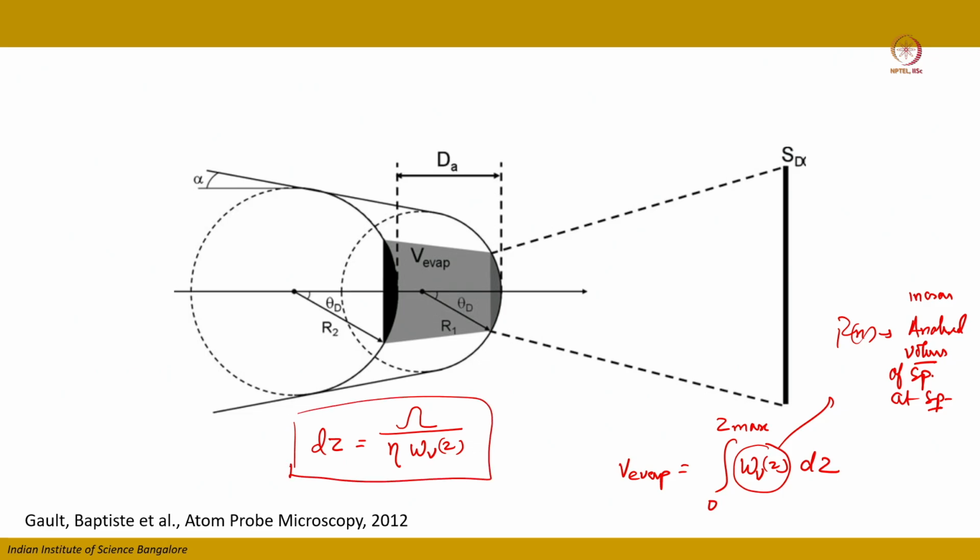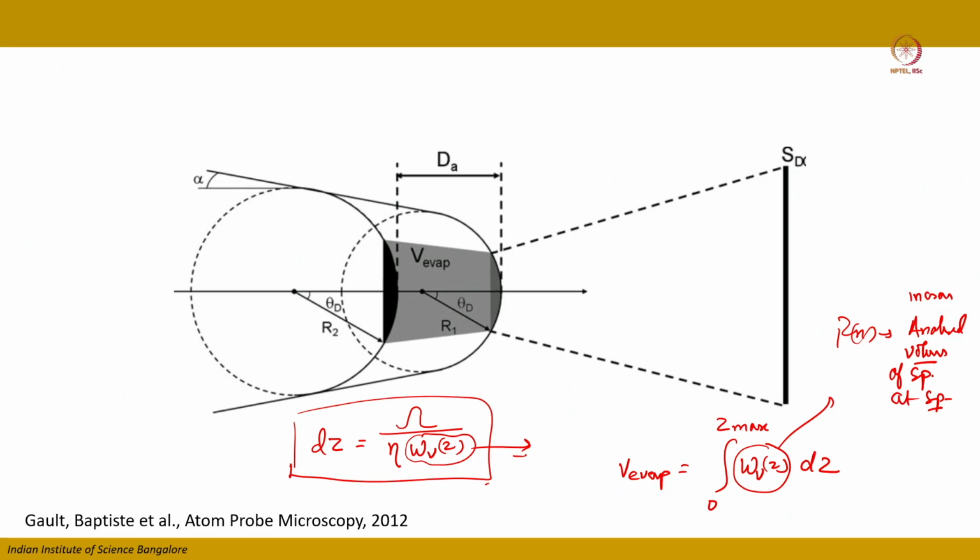Most of the protocols depend upon the evaluation of this W(V,Z), which is the function describing the increase in the analyzed volume of the specimen as the specimen is field evaporated.